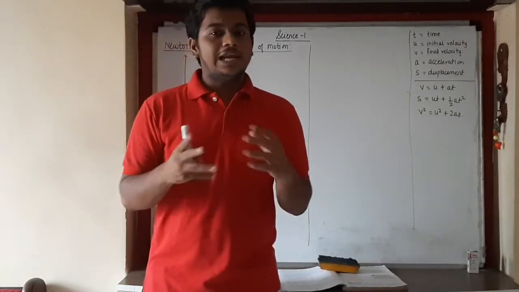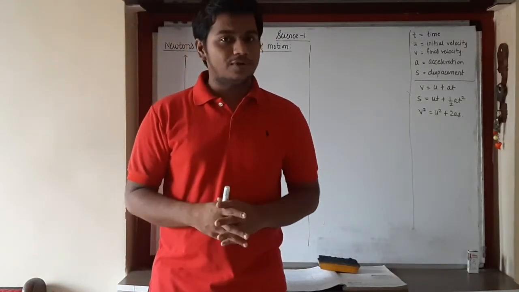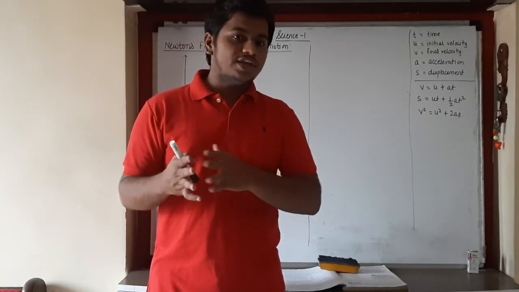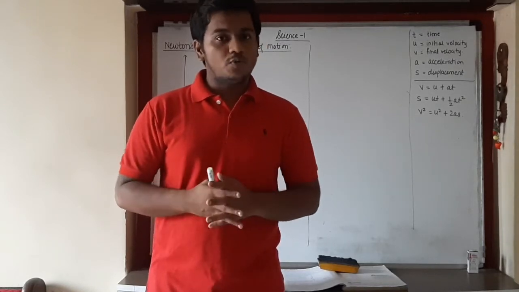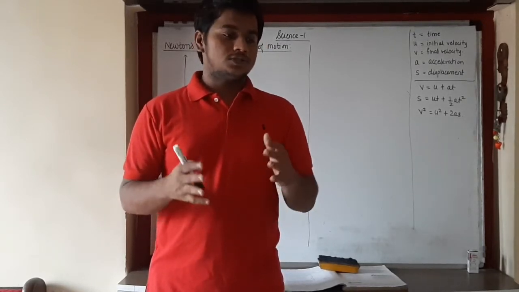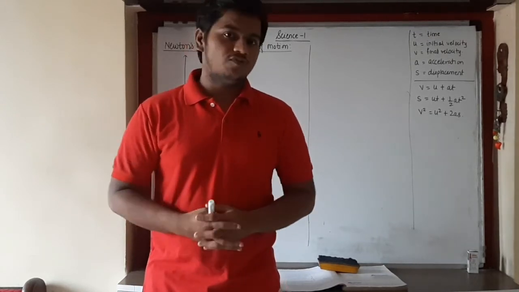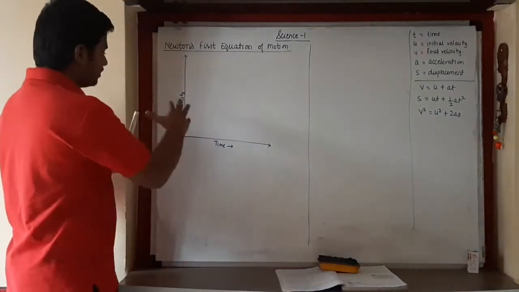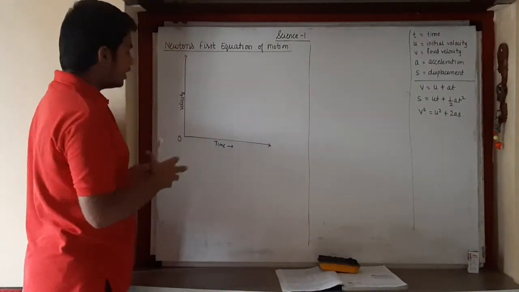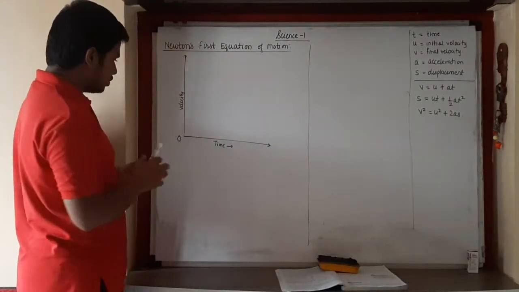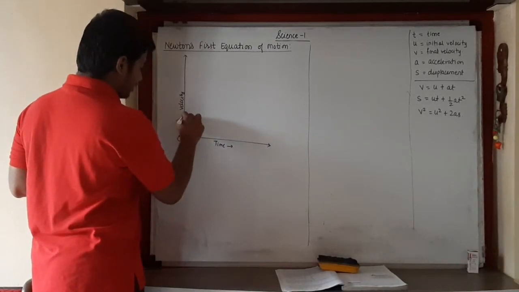For this, let us consider a velocity time graph of an object moving in uniform motion. Uniform motion means its distance is equally covered in equal intervals of time. At present, it had some initial velocity which was non-zero. So let us plot it somewhere here up.